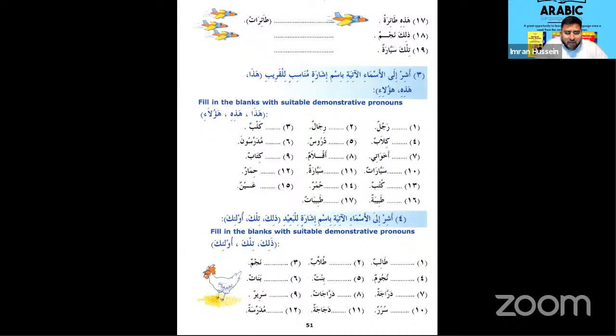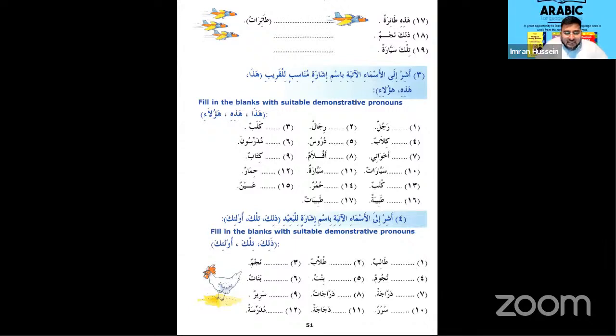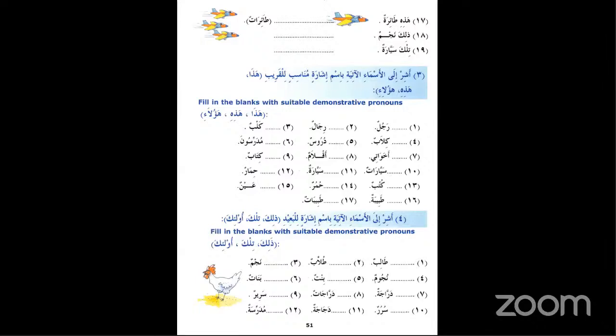Sister Tahira, can you come on the mic? Yes. Can you do 1 to 6, please? To use dhalika, tilka, and ulaika. Remember, ulaika is only used for human beings. Talibun is one student.